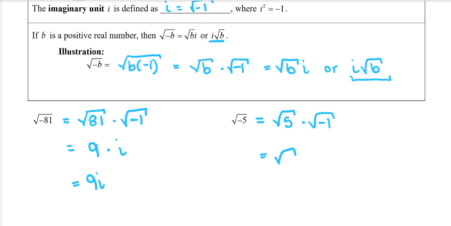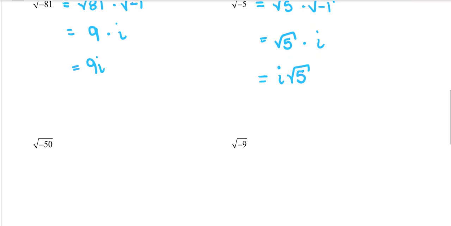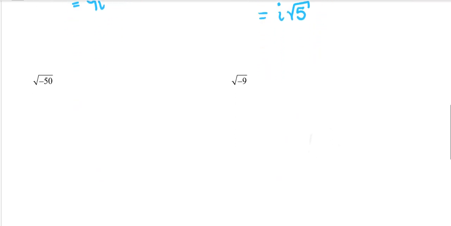So the square root of 5 would just come down, and then times i, the imaginary unit. And then we can bring that i in front, and we've got i times the square root of 5. So all that we could do there is factor out the imaginary unit away from the square root of 5. Again, you may want to pause the video and see if you can go through the last two examples.